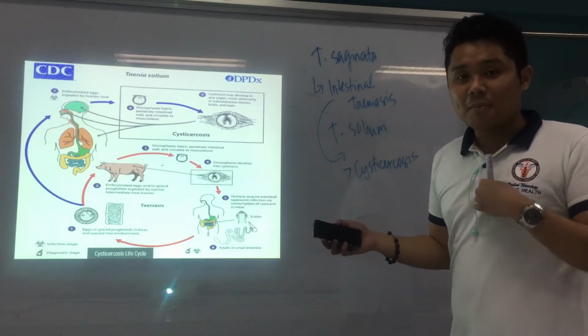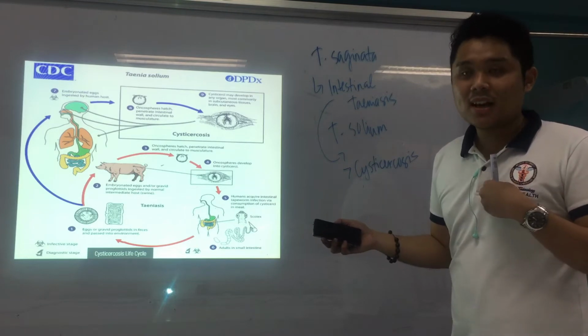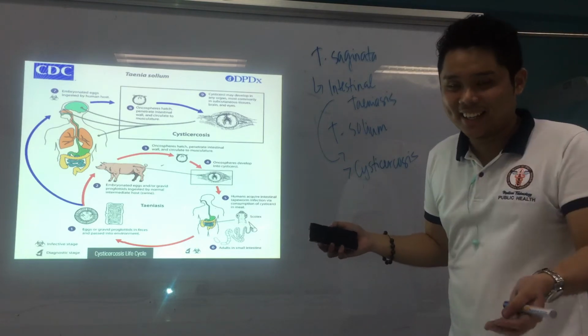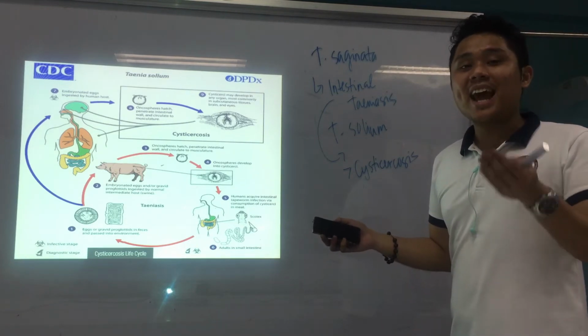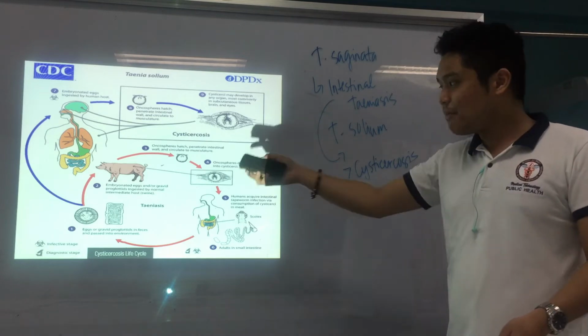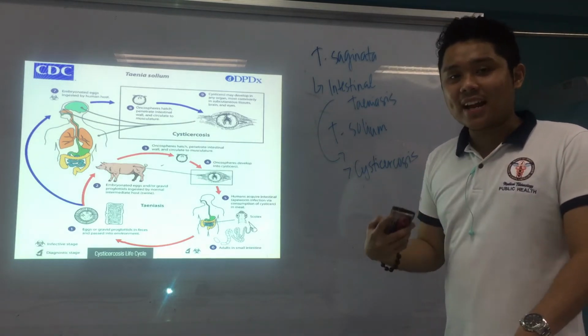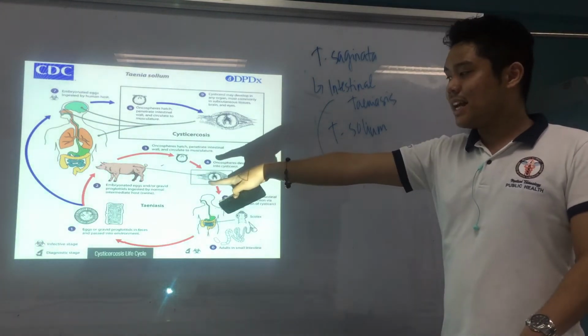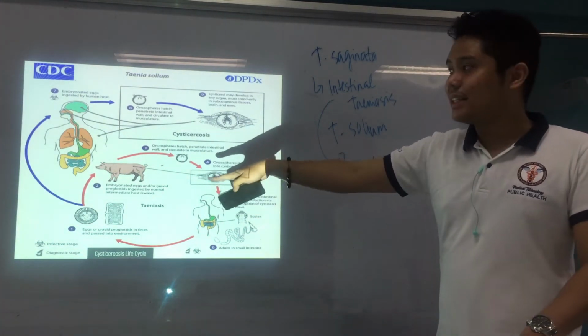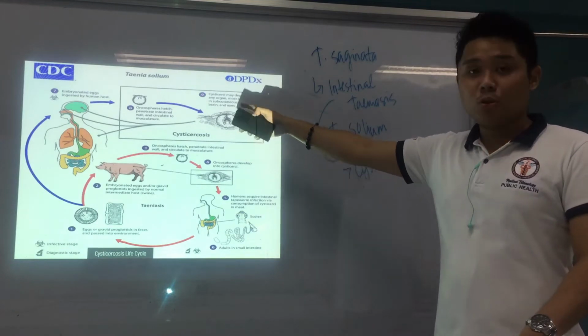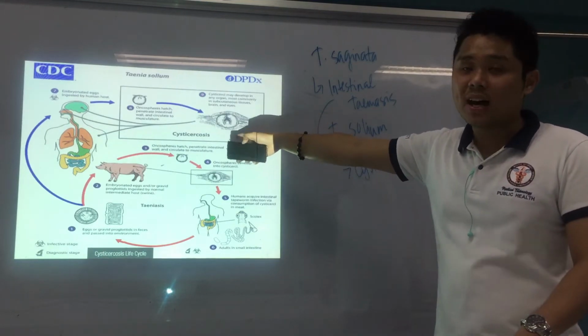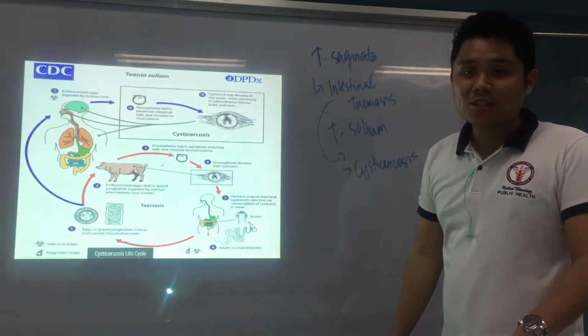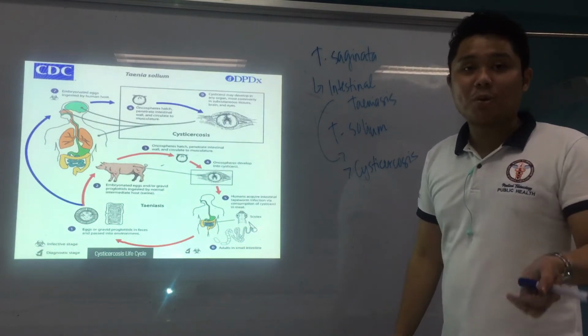Instead of the larva, what humans eat is the embryonated egg of Taenia solium, maybe from feces or soil. The Taenia solium egg then develops into a cysticercus larva inside the human. That's why the human can be an intermediate host.